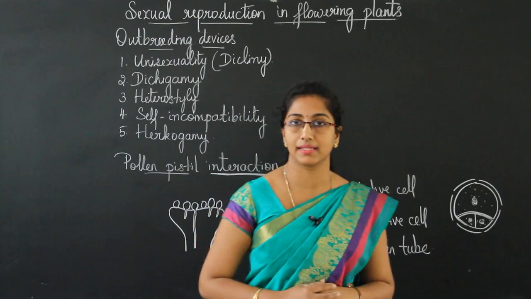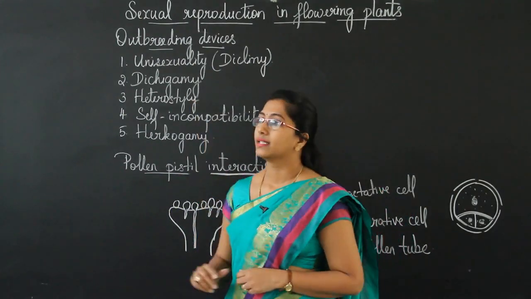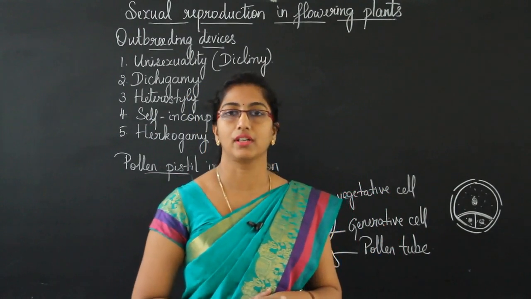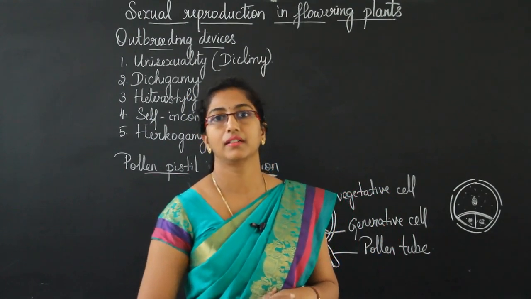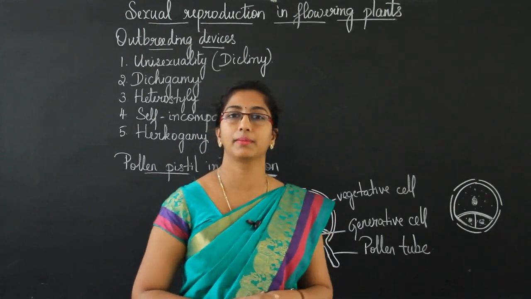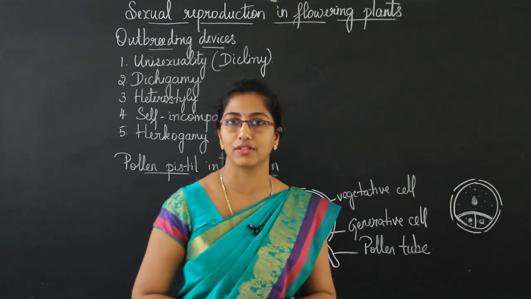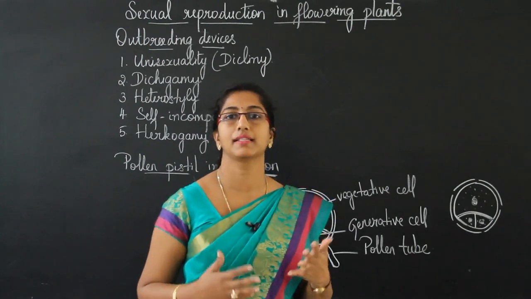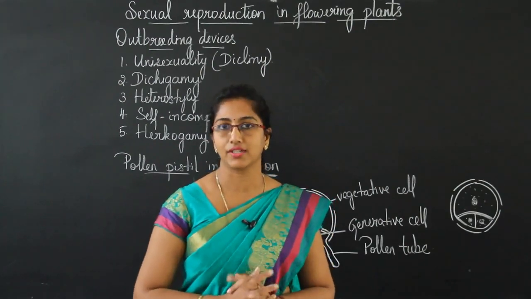We have to study about outbreeding devices. So what is this? Now in the last session, we studied that flowering plants produce bisexual flowers. The majority of plants produce bisexual flowers. You know the meaning of bisexual flower: the flower has both androecium and gynoecium.